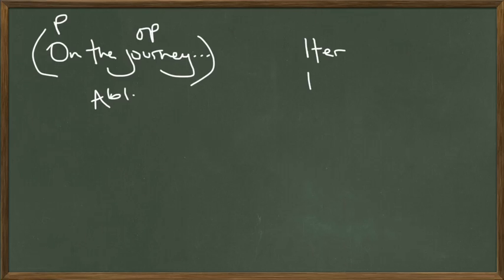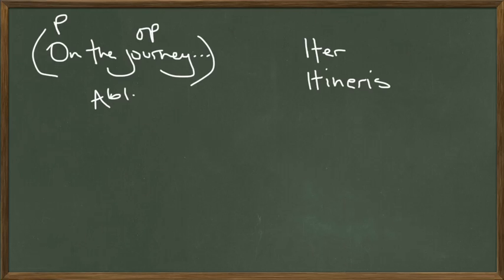All right, here's another one. On the journey. On, preposition. On what? Journey, object of the preposition. On the journey is in the ablative case. The word for journey is iter, and the genitive is itineris.